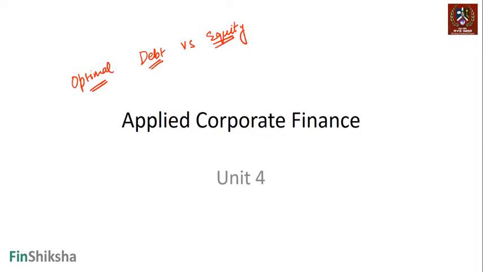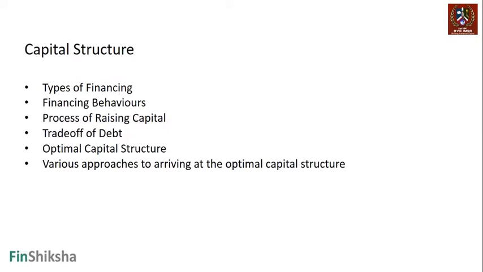We're going to use live examples of some companies as we go around discussing this in more detail and try and look at how do we interpret the debt equity ratio of companies from a capital structure and cost of capital viewpoint, right? Now, we're going to cover a variety of things in this.